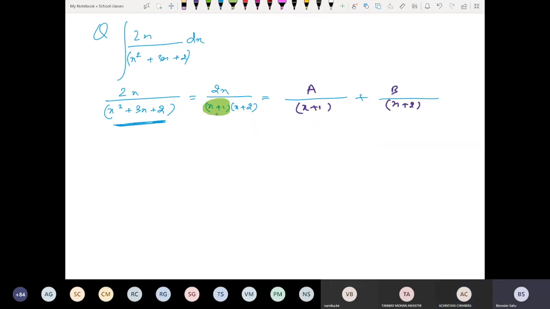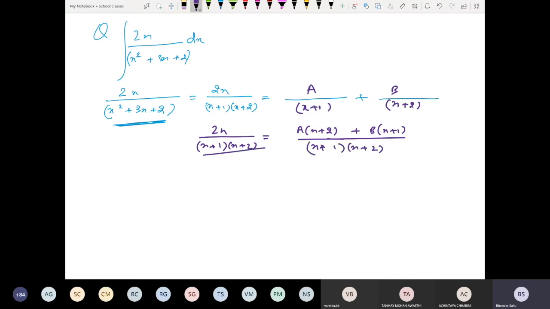Okay, thank you, beta. This is very simple. Now try to simplify and find the value of a and b. Students, find the value of a and b.